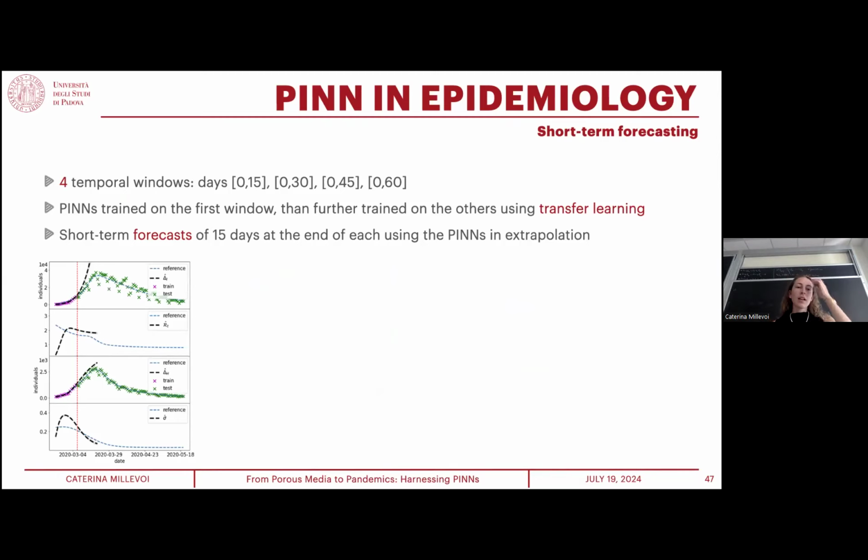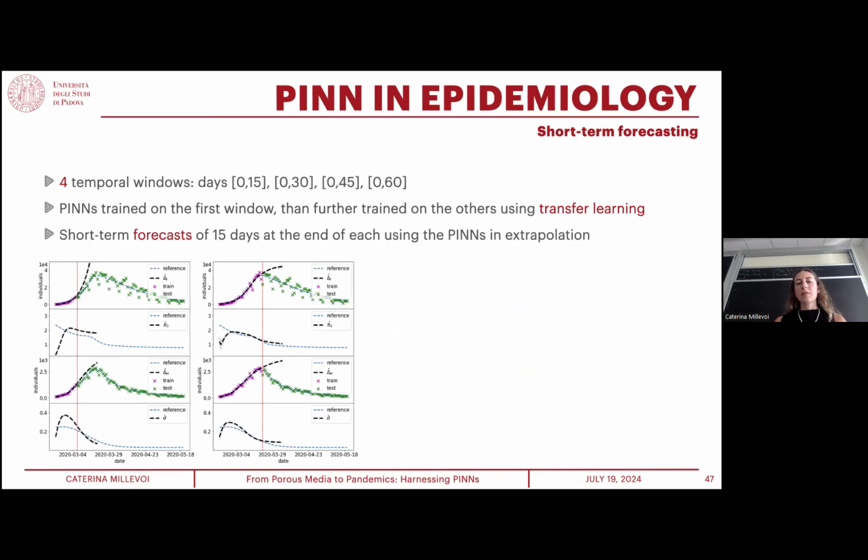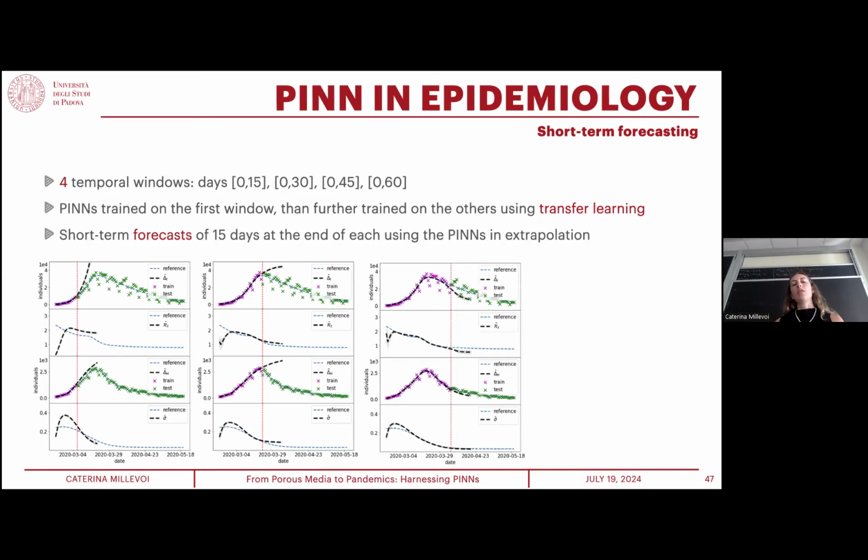Yes. Actually, we trained our PINN for exactly the first 2 weeks, and then we used it in extrapolation for the following 2. Then we took the same PINN as a starting point and trained it on a larger temporal window, and used it in extrapolation for the following 2.